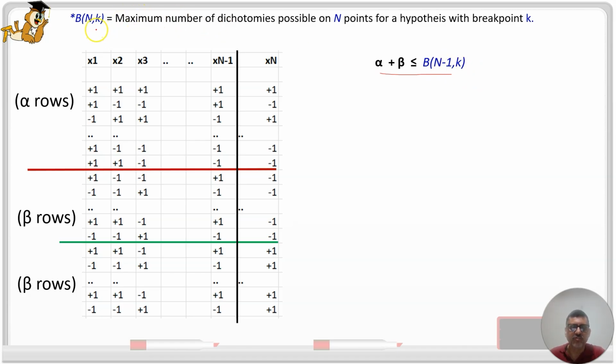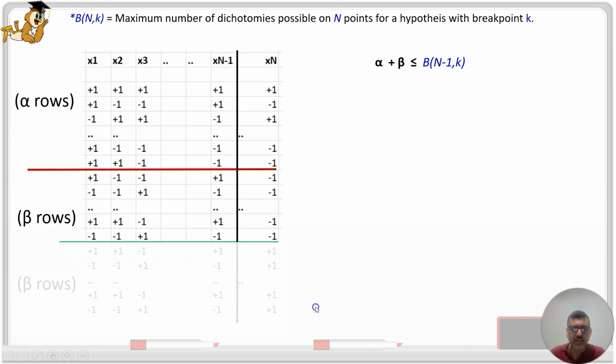Remember the definition of b n k, it's the maximum number of dichotomies possible on n points. So this entire thing was b n comma k, and my claim is that alpha plus beta, let me remove this half, is less than or equal to b of n minus 1 comma k. Why is it less than or equal to b of n minus 1 comma k?